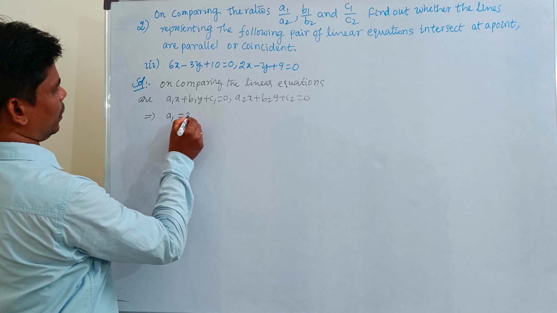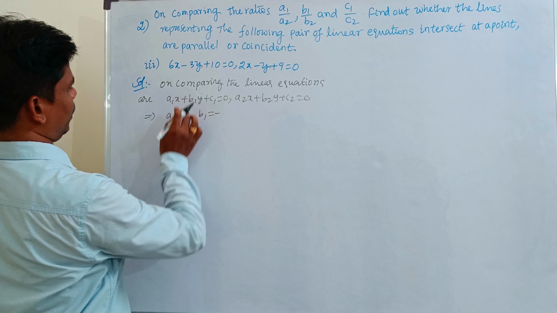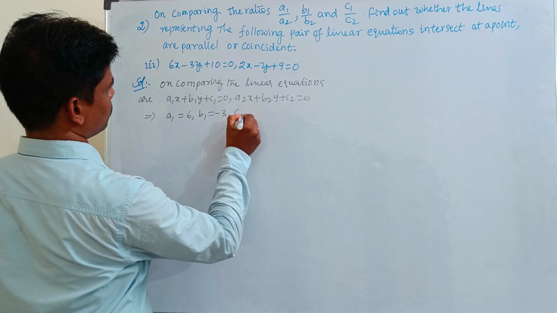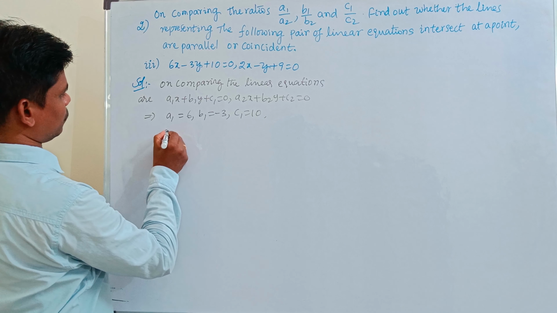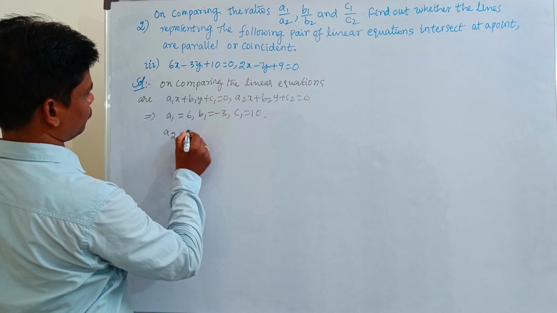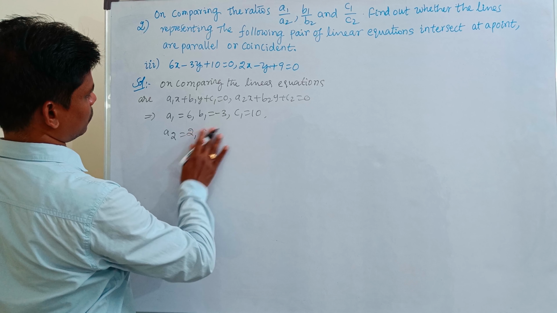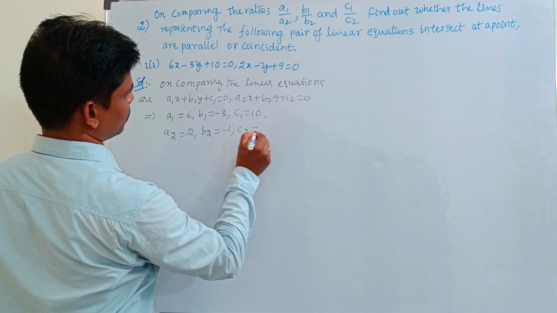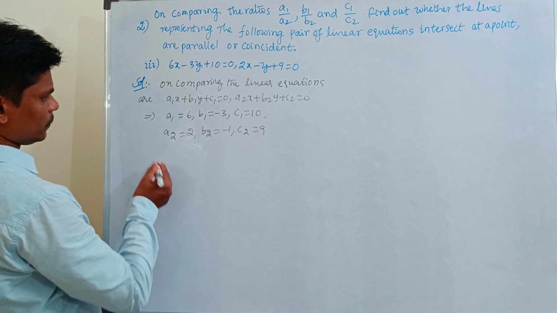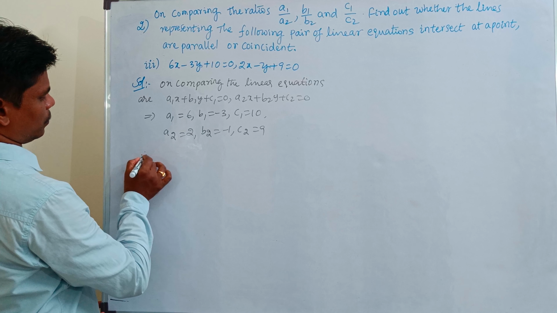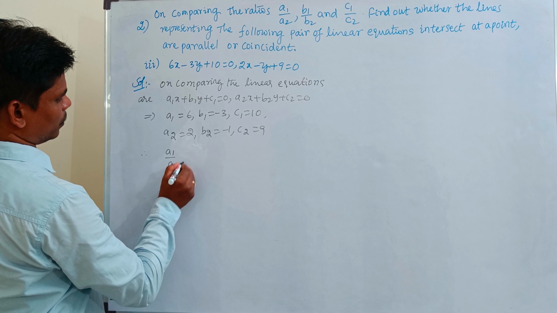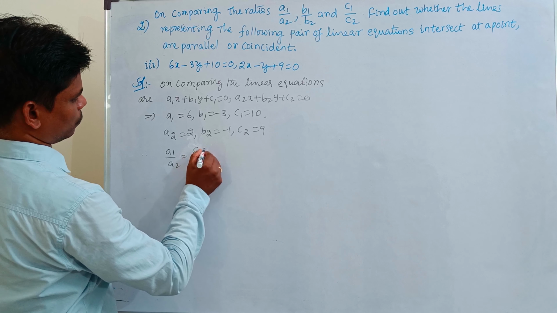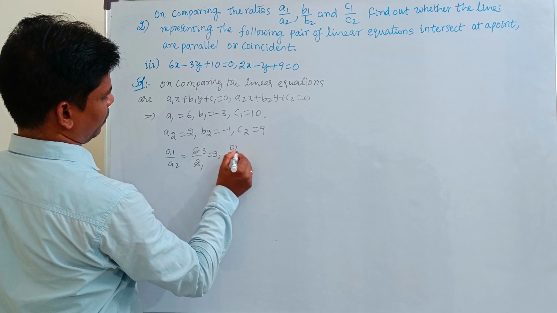A1 is equal to 6, B1 is equal to -3, C1 is equal to 10. Next, A2 is equal to 2, B2 is equal to -1, C2 is equal to 9. Okay, so here take the ratios. A1 by A2 is equal to 6 by 2, which is 3. B1 by B2 ratio.